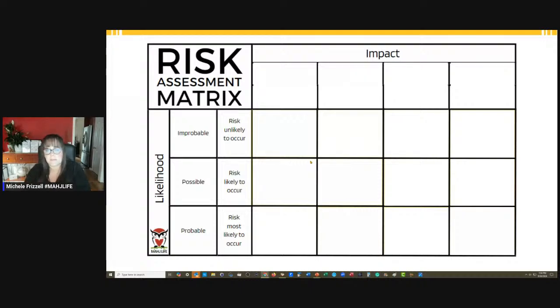Now let's look at the impact that it could create. If your opponents do not have any exposures, no matter what kind of a discard that is, improbable, possible, really even probable, it's going to be really hard to figure out what they're playing. So that would be an acceptable impact.